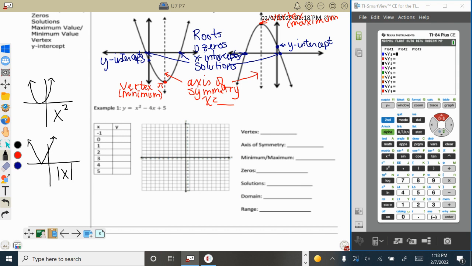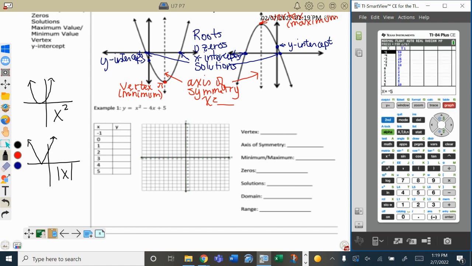All right, we're going to put this first example into our calculator, into y equals. You see I've already got the calculator, y equals, so we're going to do x squared minus 4x plus 5. We're going to go look at our table first, because we want to fill in these numbers based on our table.